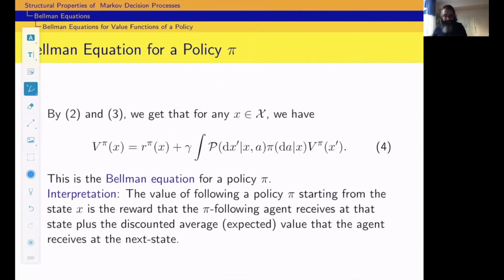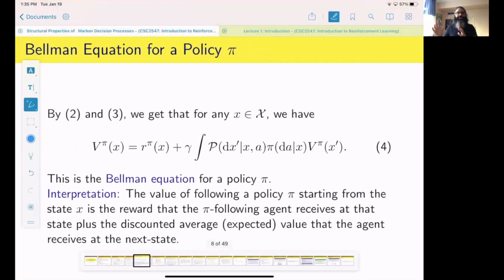Okay, so we combine the expansion of that expectation with the first equation that we had. So we get that for any x in the state space, V^pi(x), the left-hand side of the first equation, would be the reward that we get at state x when choosing action according to policy pi, plus gamma times the integral of P(dx'|x,a) times pi(da|x) times V^pi(x').